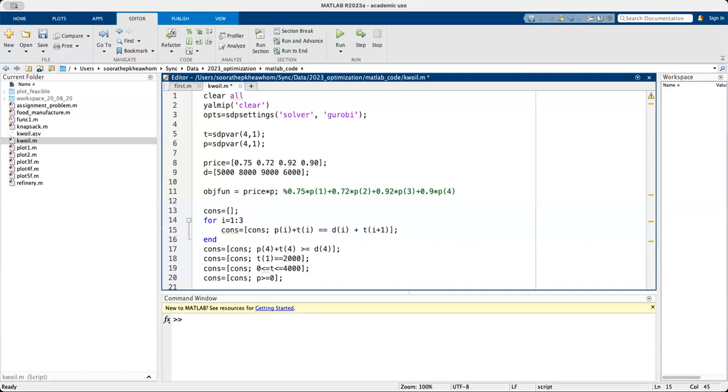We repeat it three times. And then the next one is p4 plus t4 must be greater or equal to d4, which is the demand in the 4th month.